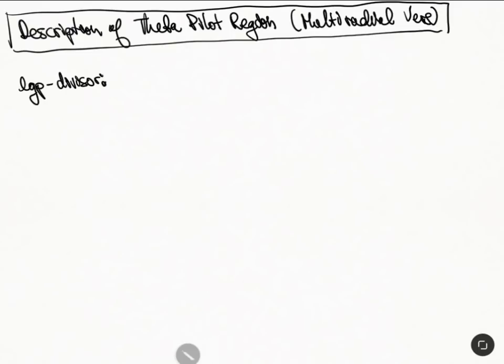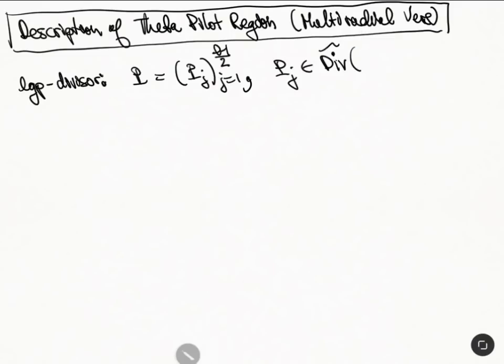Here we can start with some p, and it'll be a tuple of divisors, p_j, for j equal to 1 up to (l minus 1) divided by 2. Here p_j is just going to be a divisor in Div hat of Q_j.